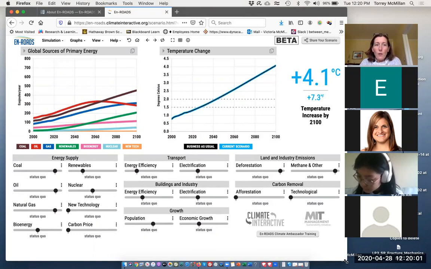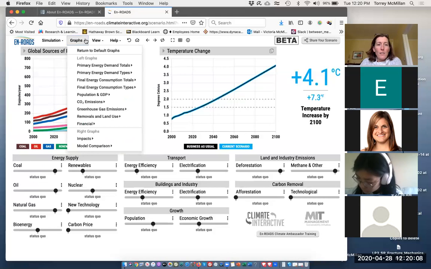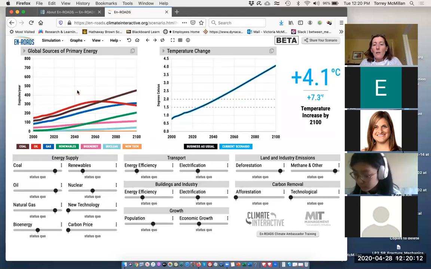What it does for us is, if you look over here, you can see there are a whole suite of different kinds of graphs that we can look at. Basically this is a decision-making tool that tries to help policymakers figure out what are the most effective tools we have in our toolkit to combat climate change.